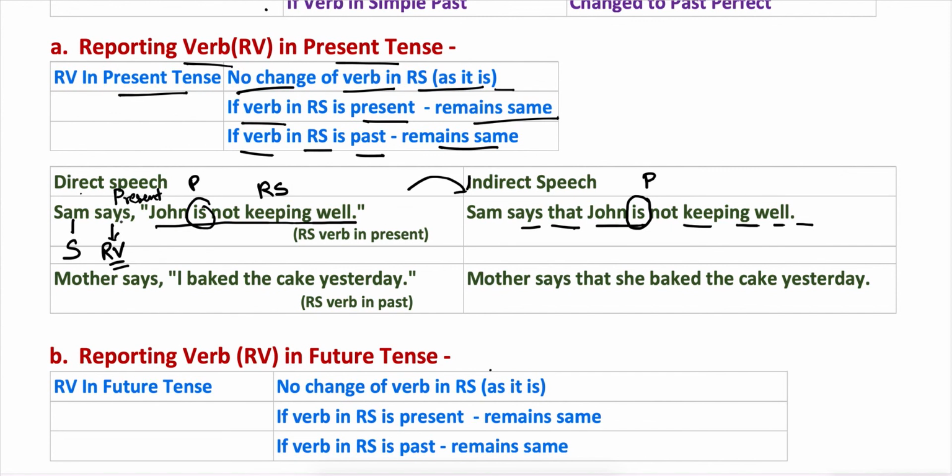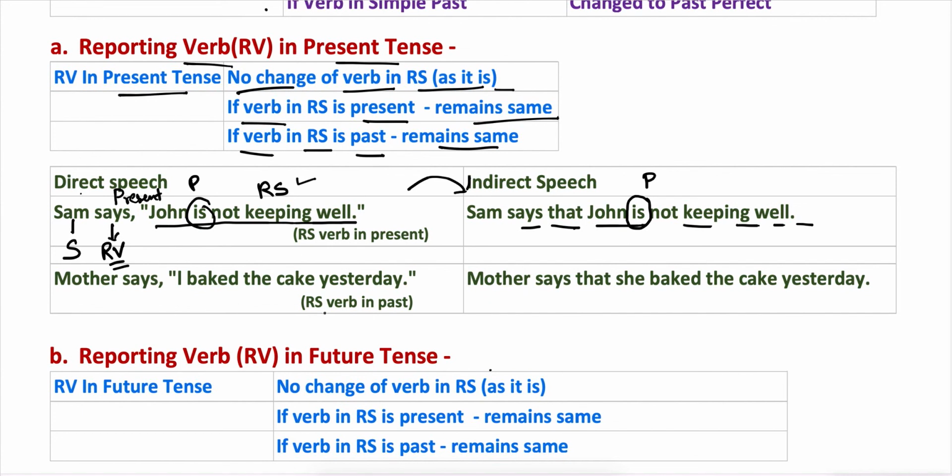So when the reporting verb is in the present tense, then the verb of the reported speech will not change. So it remains as it is. So this is the example when the reported speech verb is in present tense.